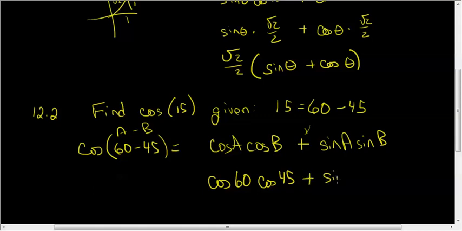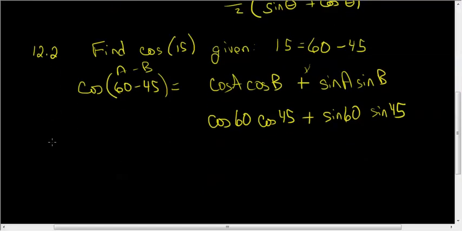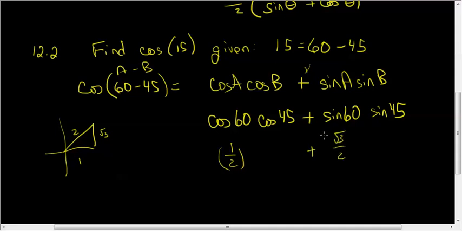Plus sine 60, sine 45, and very quickly, 60 degrees is right here, square root of 3, 2, 1. So the cosine of 60 is 1/2. The sine of 60 is square root of 3 over 2.